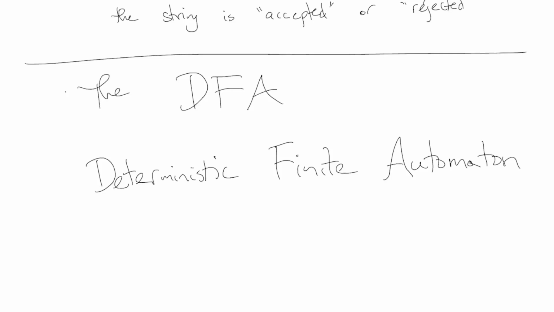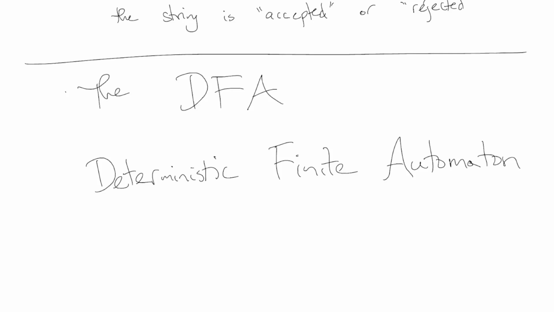Deterministic finite automaton. This is our first and the simplest of all the types of computing machines that we're going to be talking about as we go throughout the semester. The simplest type of machine that we will talk about.